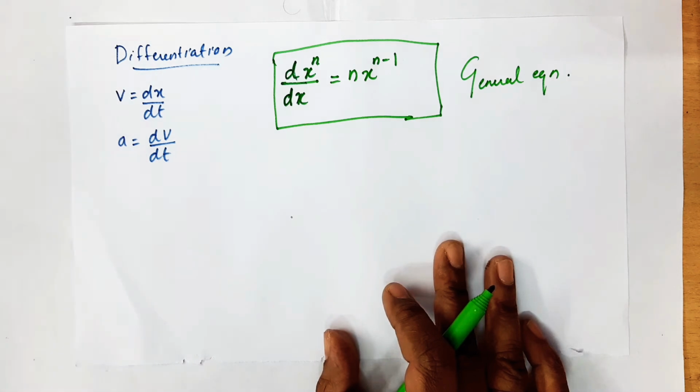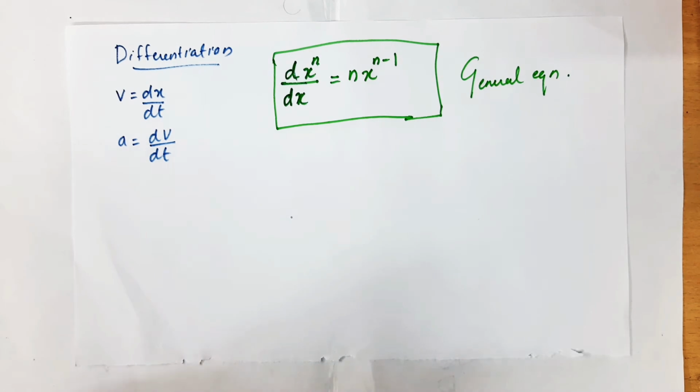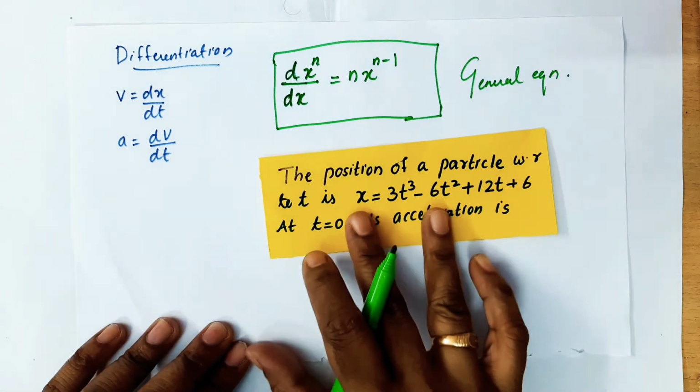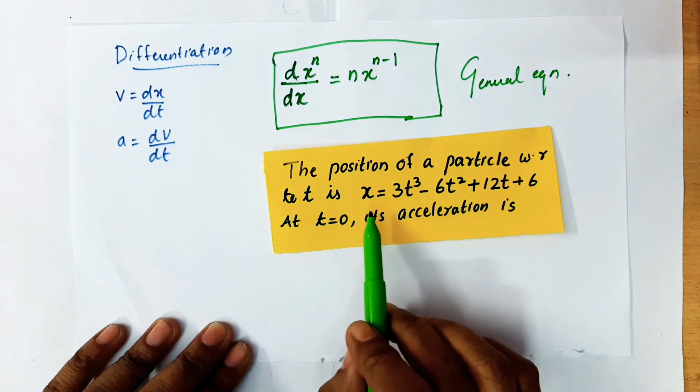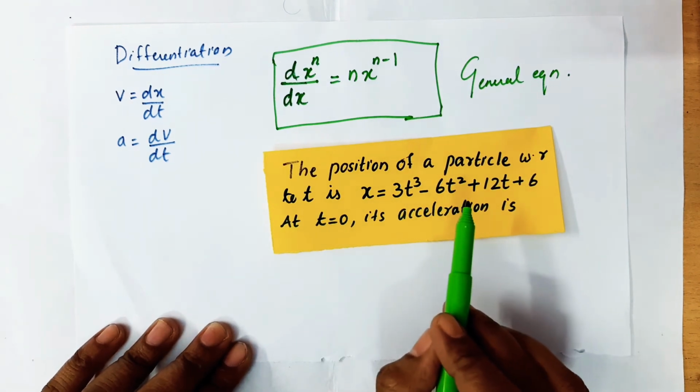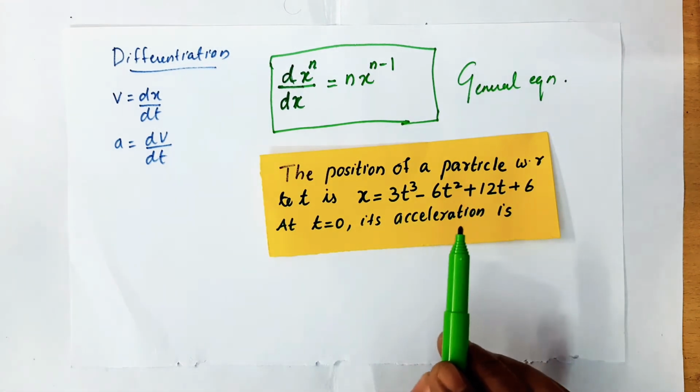Okay, clear? Now, I'll show you how the questions come. See, the position of a particle with respect to time is x equals 3t cube minus 6t square plus 12t plus 6.